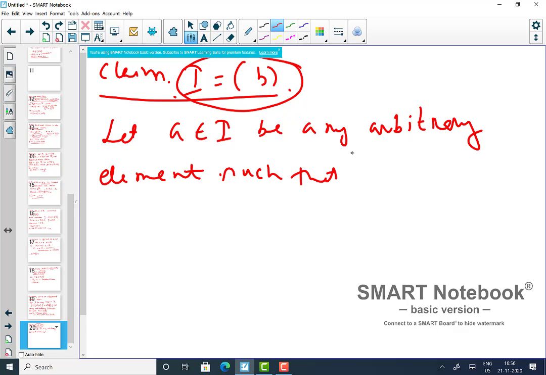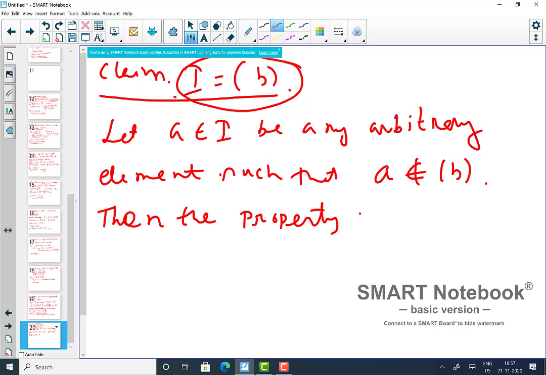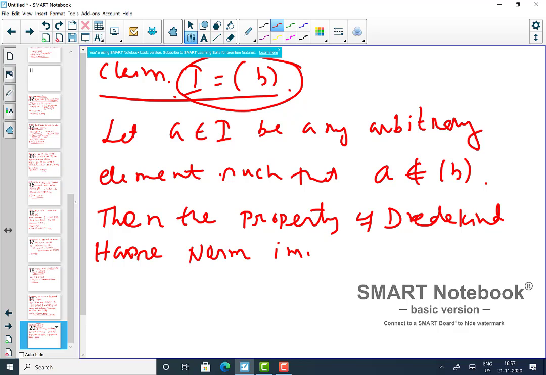Either I can, so the Dedekind norm tells me that, maybe I can write down such that A does not belong to B. Okay, then the property of Dedekind norm implies, what does it imply?